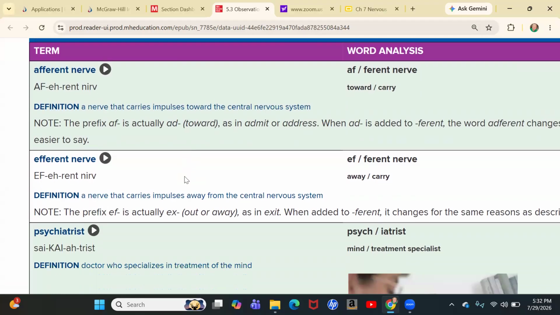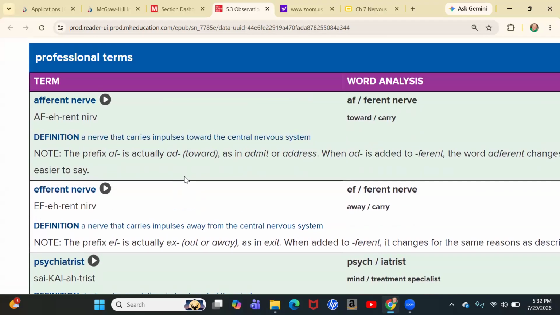When we dive a little bit further into the nerves themselves, you'll see that we have afferent and efferent nerves. Okay. So efferent and afferent kind of look alike, sound alike. So be careful there.